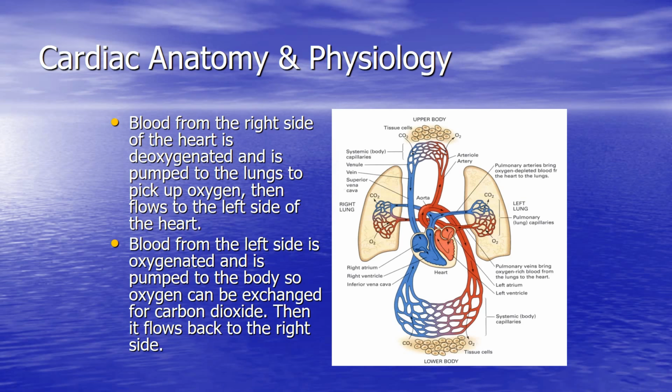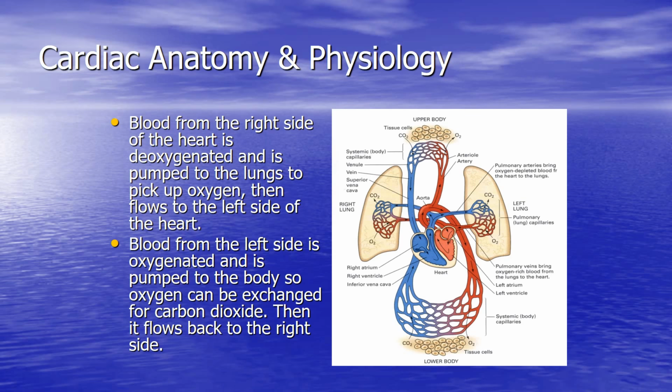Now we're going to talk about the condition of the blood that's being pumped. Blood from the right side of the heart is deoxygenated, or oxygen poor, and is pumped to the lungs to pick up oxygen. Then it flows to the left side of the heart. From the left side, this blood is now rich in oxygen. It is pumped to the body's systems, so some oxygen exchange can take place.